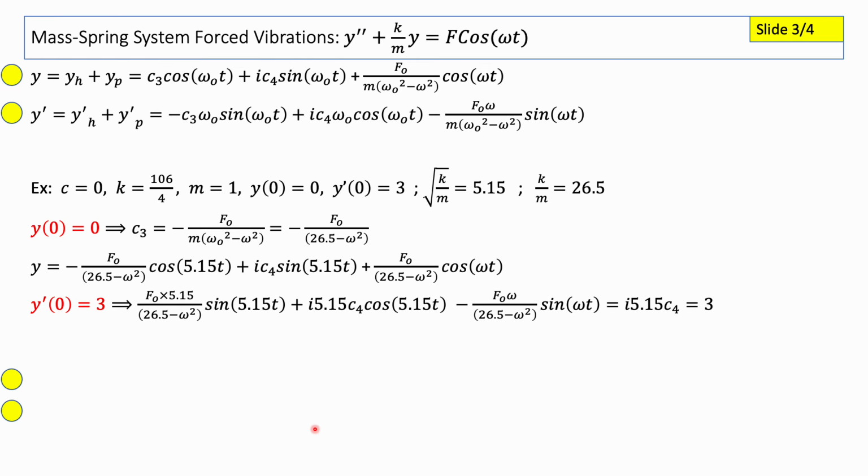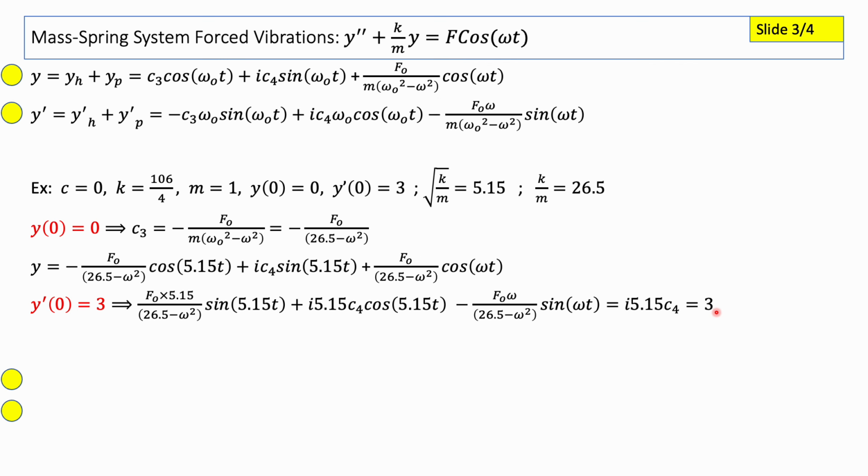Now, y prime 0 is 3, which is the reason why we did this derivative here. So we come in here and you say, at time t equals 0, well, sine is 0, cosine is 1. So iC4 omega naught equals 3. iC4 times omega naught, which is 5.15, equals 3.